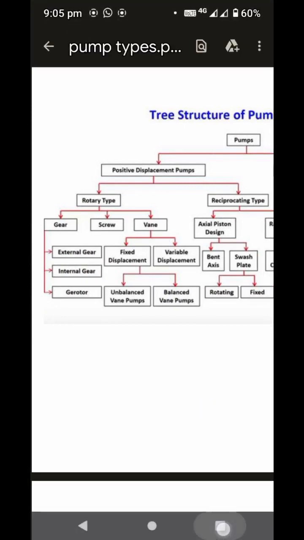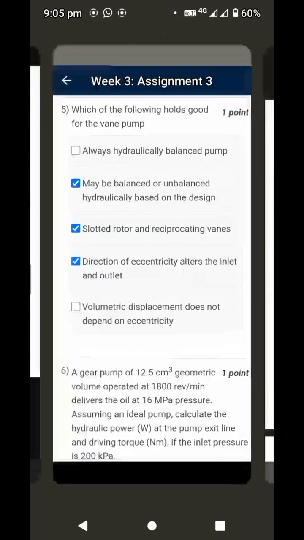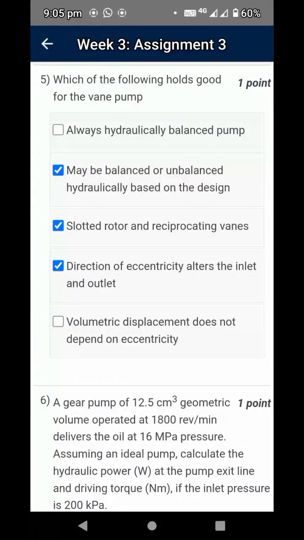In the case of fixed displacement, it may be balanced or unbalanced, so that option is correct. And slotted rotor and reciprocating vanes, that option is also correct. It contains a slotted rotor and reciprocating vanes. And direction of eccentricity alters the inlet and outlet. It contains an eccentricity.